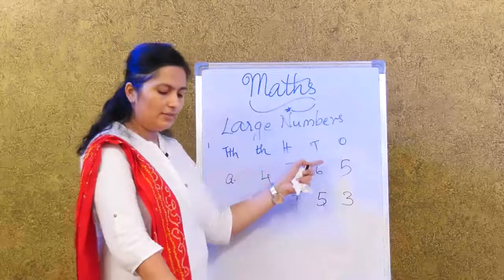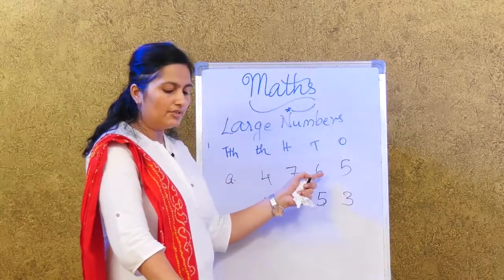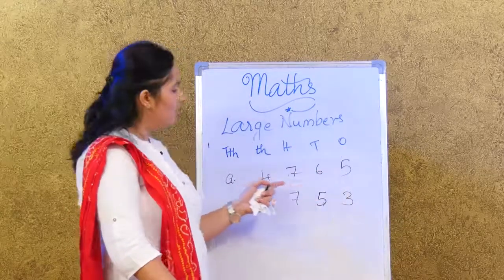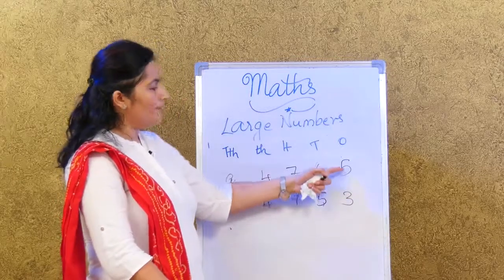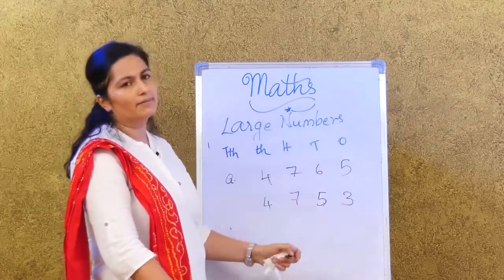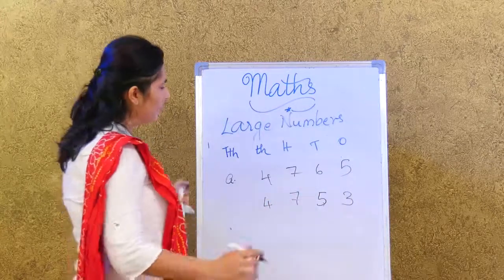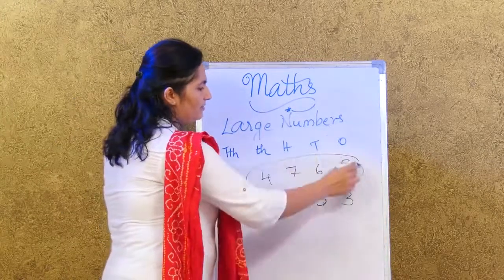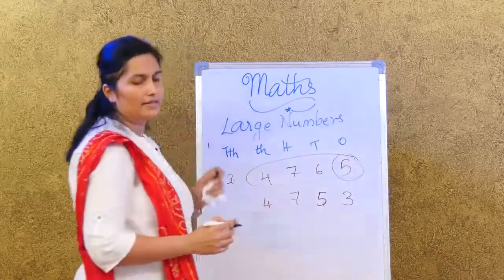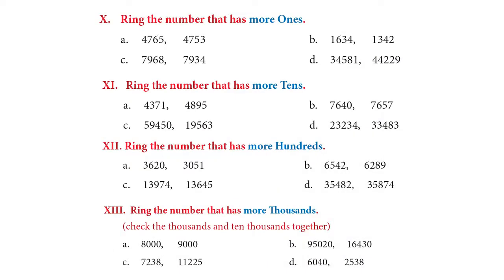So, the question is ring the number which has more ones. So, let us look at the ones. This has 5 and this is 3. So, 5 is greater. So, we will ring it like this.